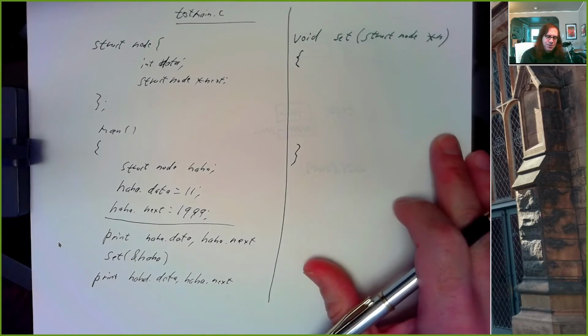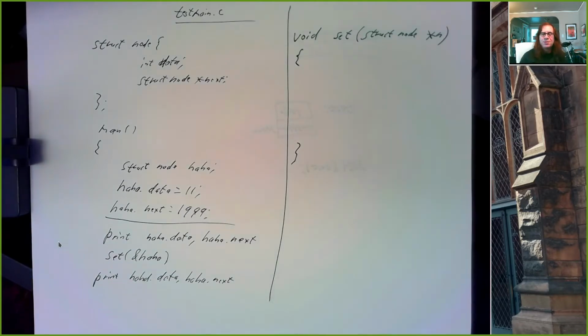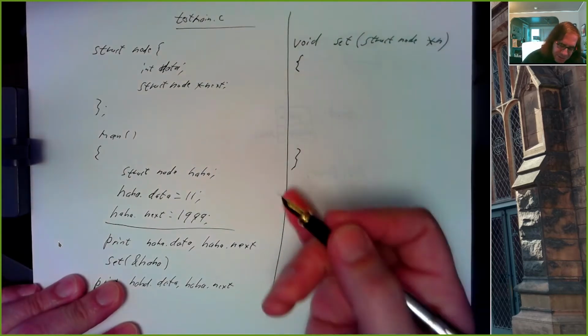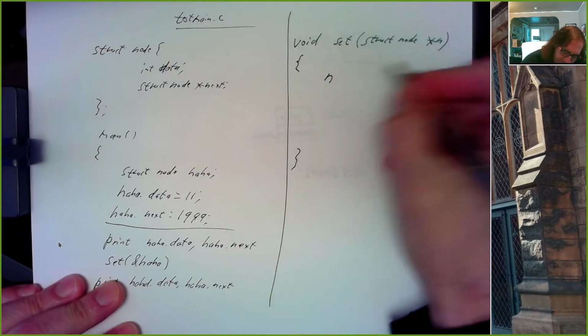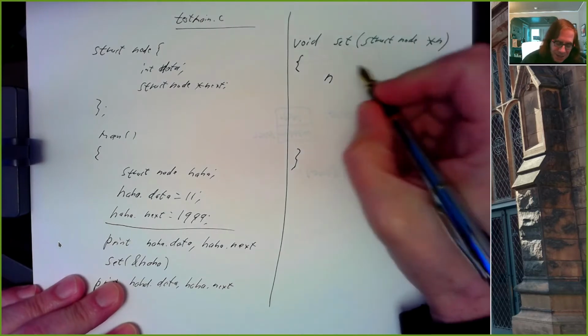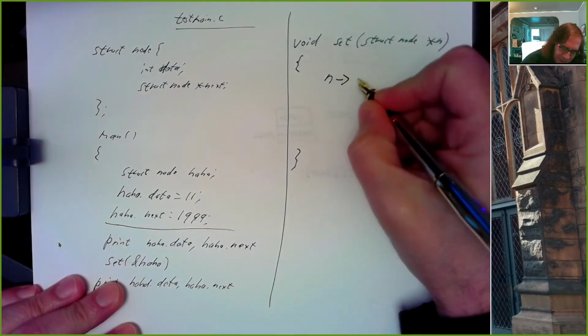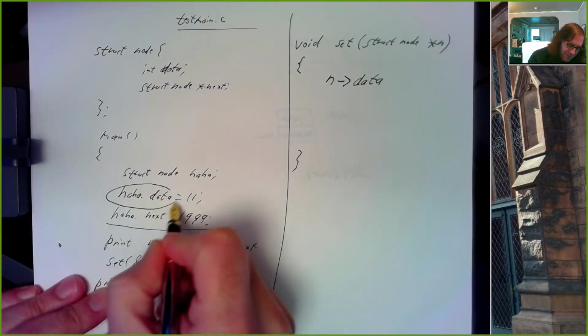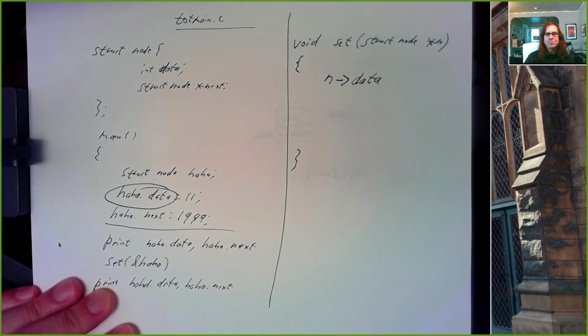It's a pointer to a node. So we can dereference it by putting a star in front, but you're probably going to want to use that arrow notation. Inside here, if I take whatever argument name I use, I'm using n in this case, and say n arrow data, that's going to give me this value.